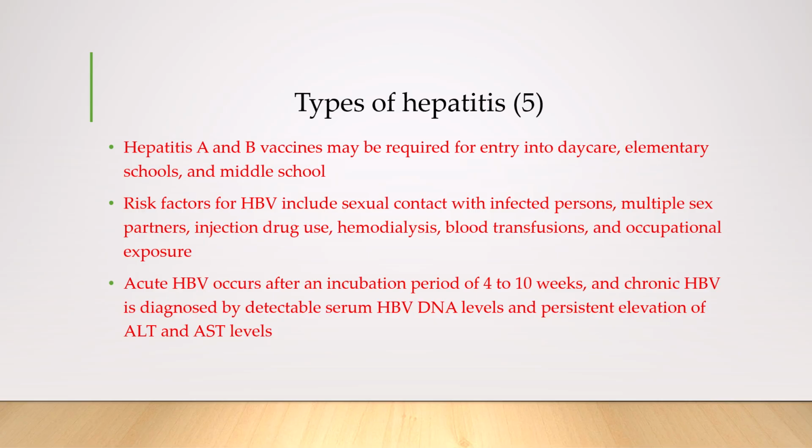Acute hepatitis B occurs after an incubation period of 4 to 10 weeks, and chronic hepatitis B is diagnosed by detectable serum HBV DNA levels and persistent elevation of ALT and AST levels.